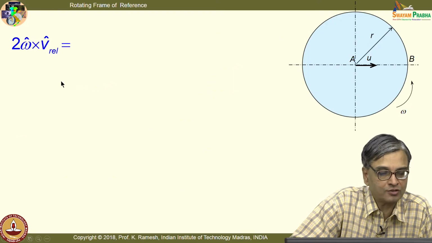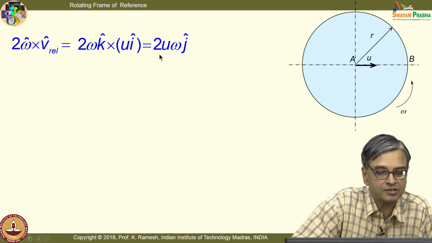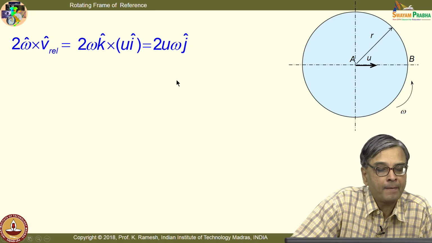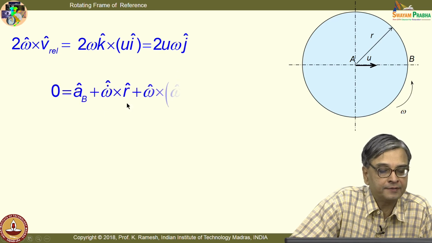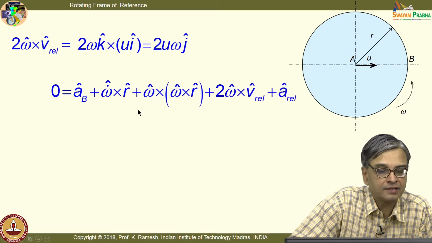So, when I do this 2 omega cross V rel, I get this as 2 omega k cross u i, that is simply 2 u omega j, and I have this 0 equal to the rest of the expression.